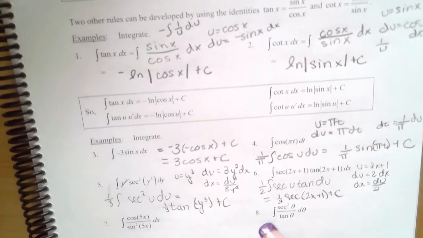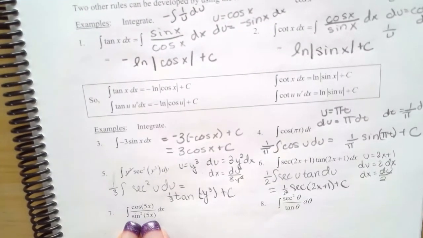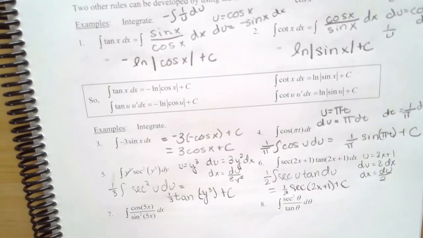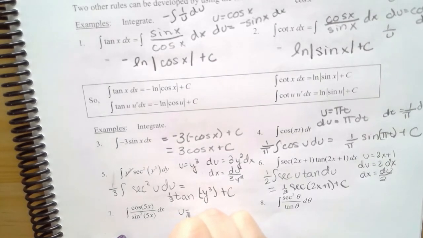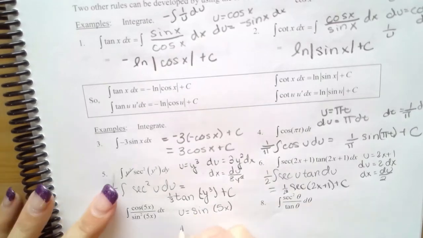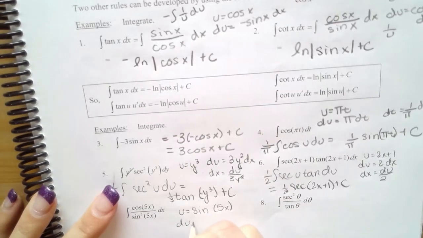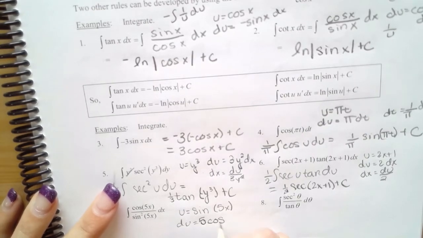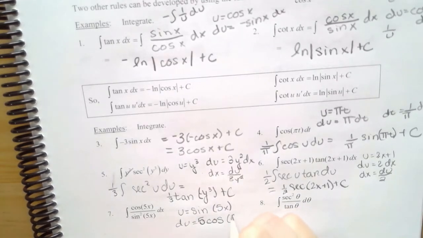Let's see what we can do with this. Number 7, it looks like we want our u right here. So let's do u is sine of 5x. So du would be 5 cosine 5x dx, because of the derivative of the inside there.